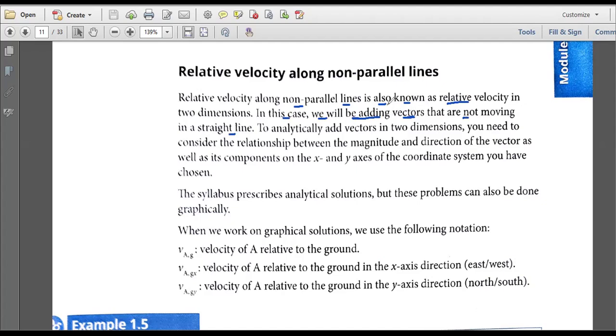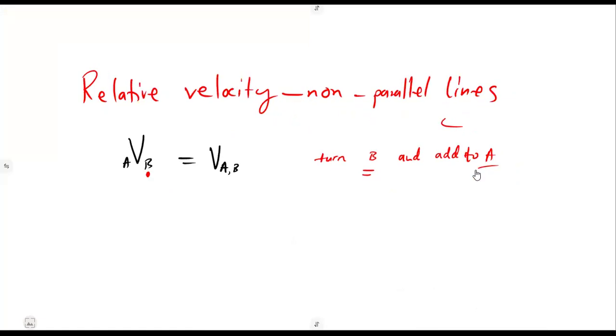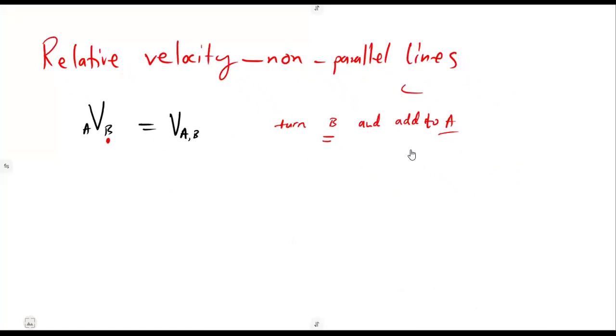So it's about adding the vectors, combining them together. But how are we going to add now? You turn what is with respect to, and add it to the other one. That is the concept. Then you apply your components. Are you going to use horizontal or vertical components? It's up to you.